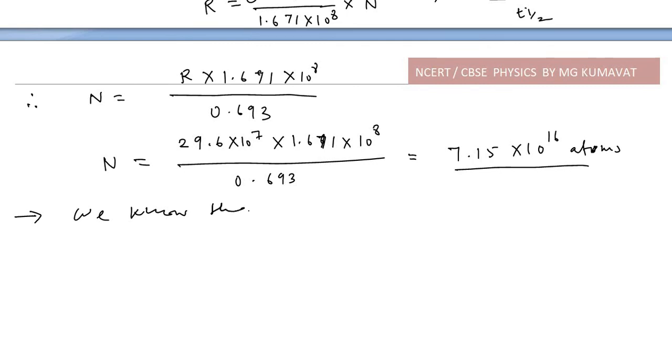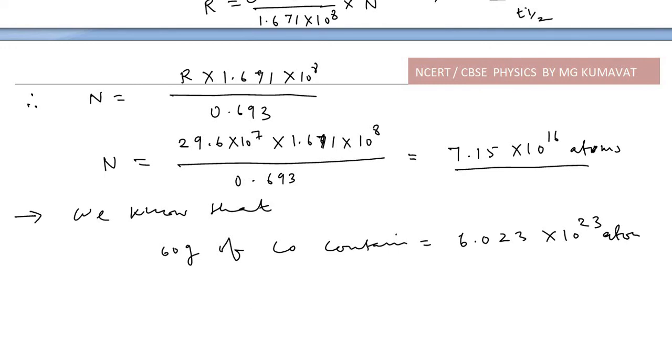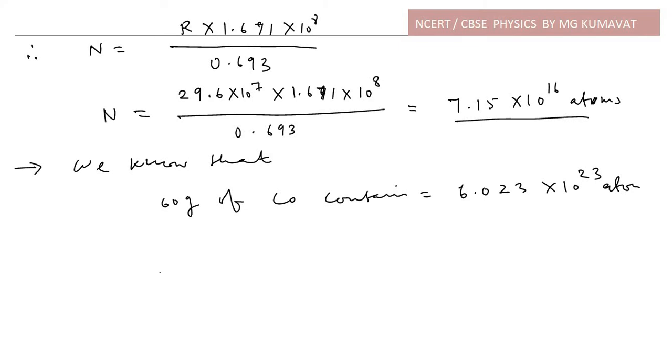So dear students, now we find the amount of cobalt required corresponding to this number of atoms. We know that 60 gram of cobalt contains a number of atoms equal to the Avogadro number, 6.023 multiplied by 10 to the power 23 atoms.